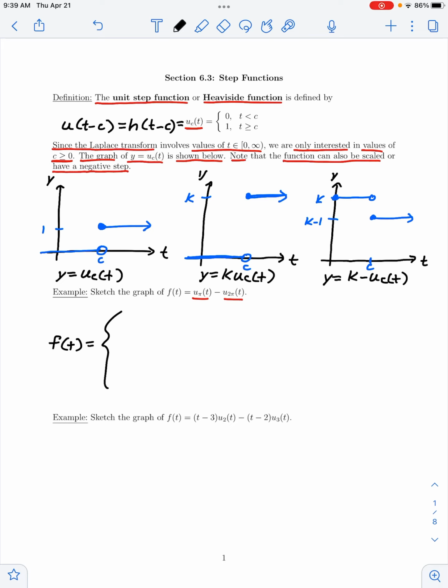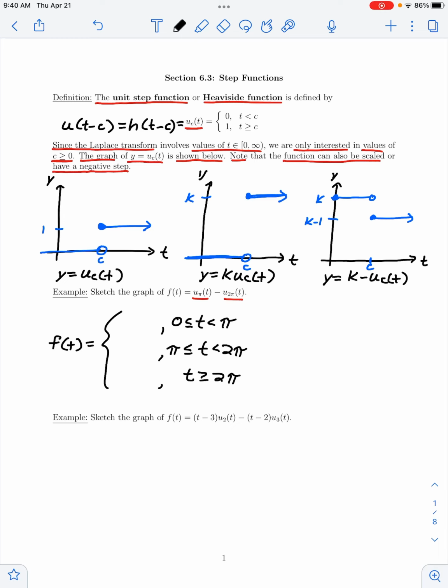And since we have steps occurring at time pi or 2 pi, I can think about my function being defined on the intervals from 0 up until time pi, where I have my first jump, from time pi up to 2 pi, where my second jump occurs, or all time greater than or equal to 2 pi. And let's think about how our function is defined on each of these intervals.